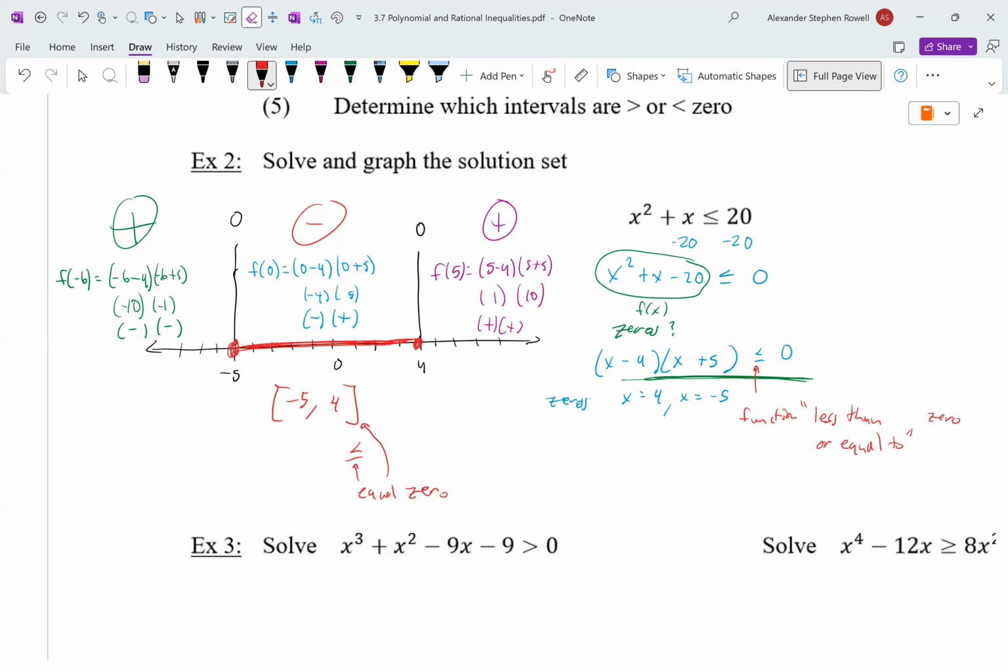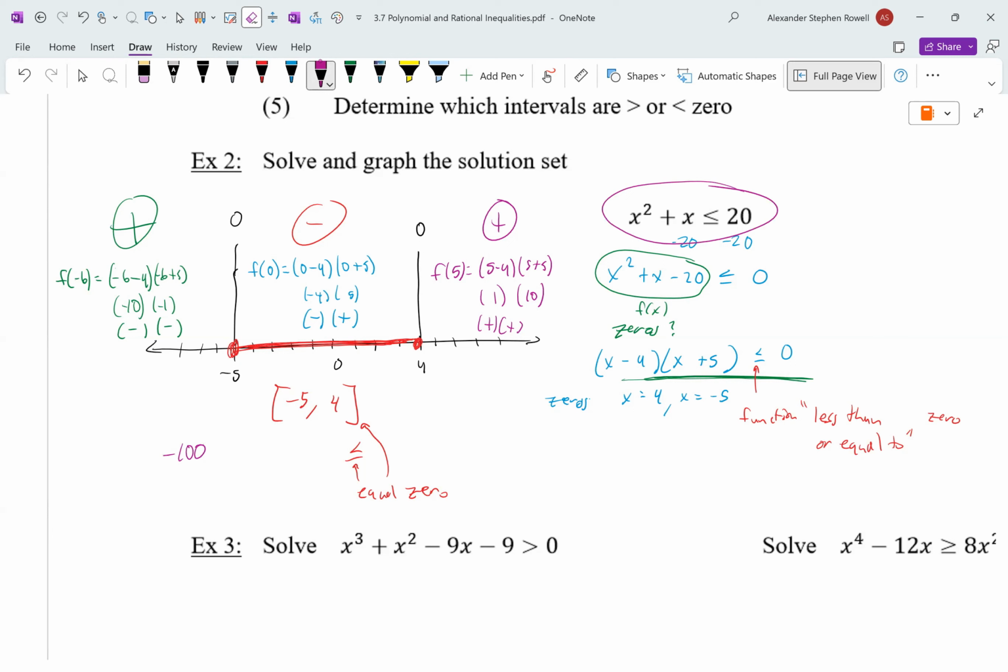So the most important thing here is problem recognition. On a test, if you don't recognize this problem, it's really hard to answer what the question is asking for. It wants an interval where my function's negative. So what does that mean? If I plugged in a number like negative 100 into this inequality, what would I get?